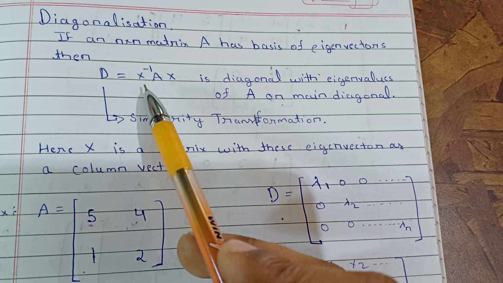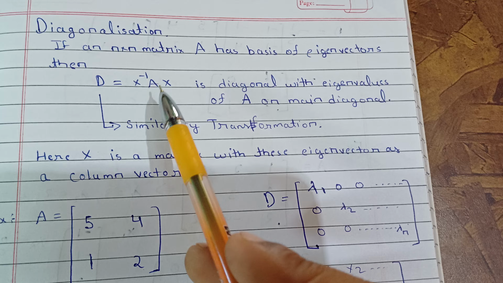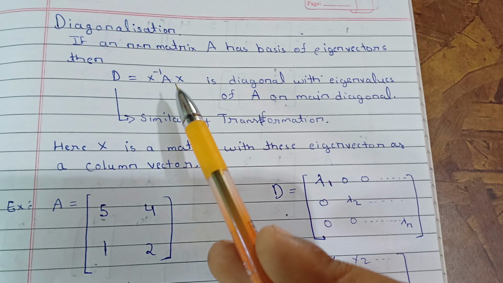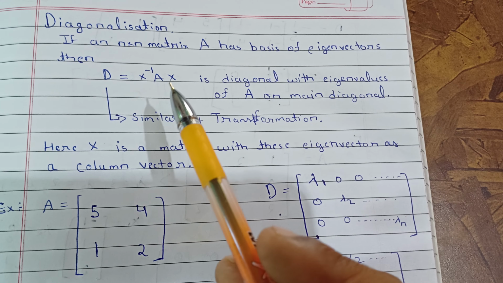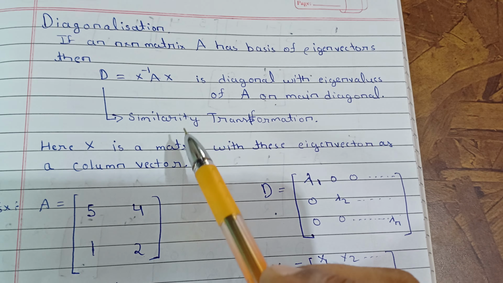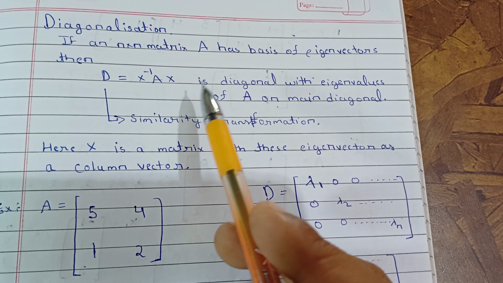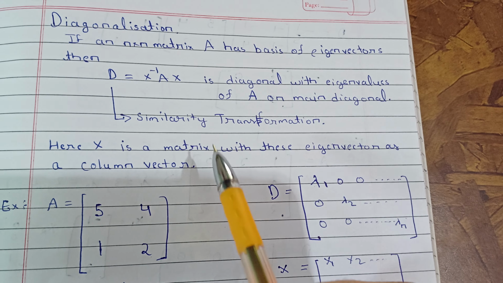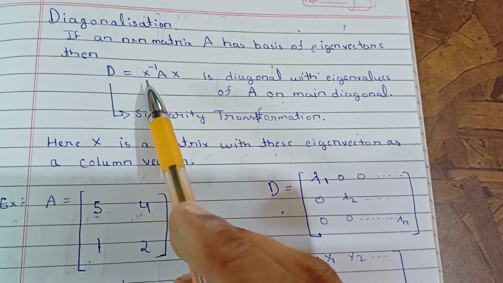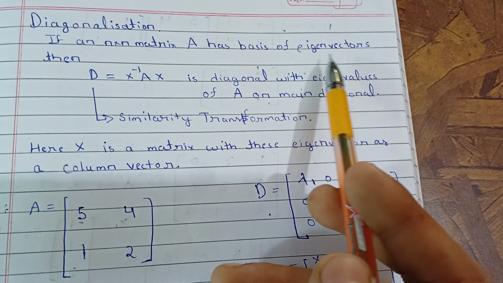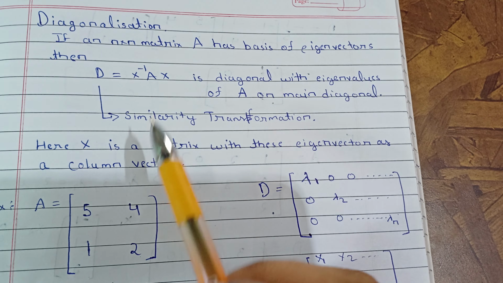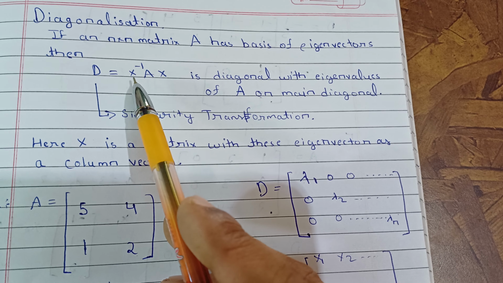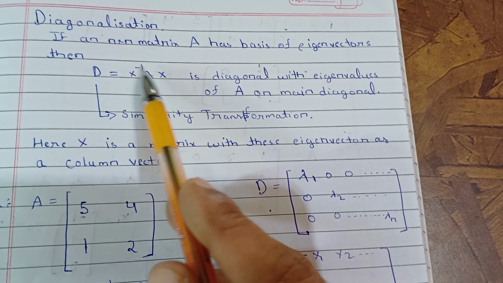X is what you get when you calculate the eigenvalues and eigenvectors of A and then put those eigenvectors in a matrix. You take the first column vector, second column vector, and third column vector of eigenvectors and put them all in one matrix. That complete matrix is called X. If you multiply X inverse, A, and X, you will get a diagonal matrix.